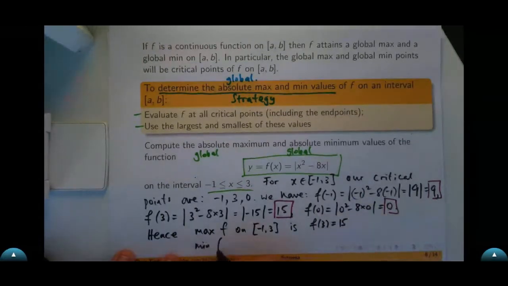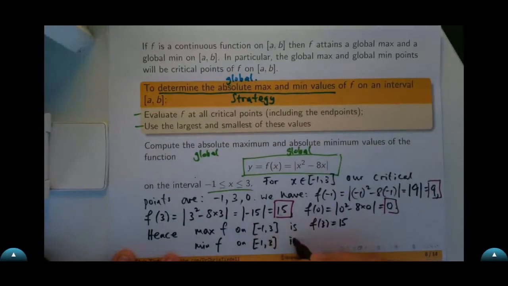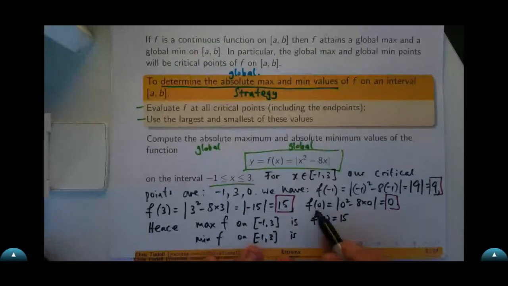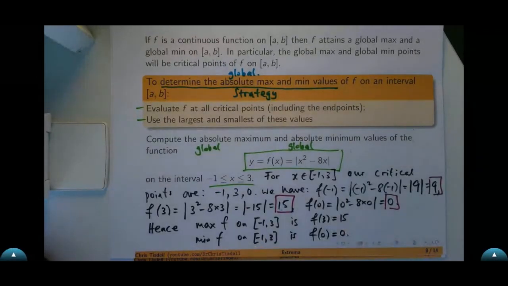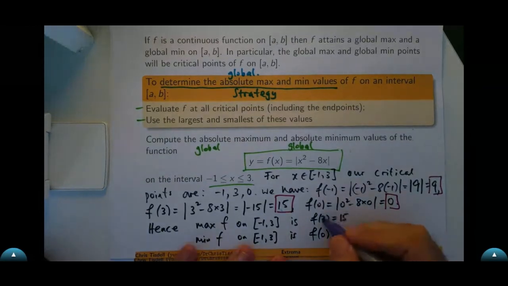And the minimum of f occurs at 0, right? Ta-da! That's a 3, believe it or not.